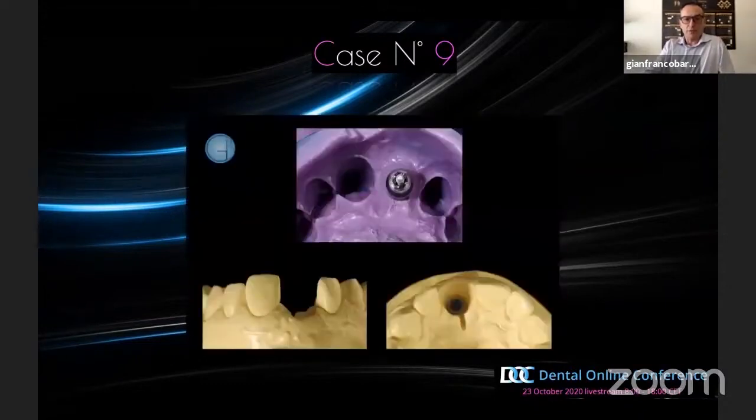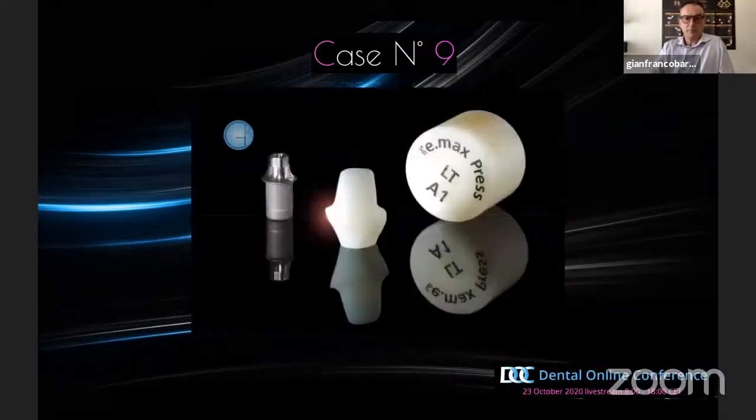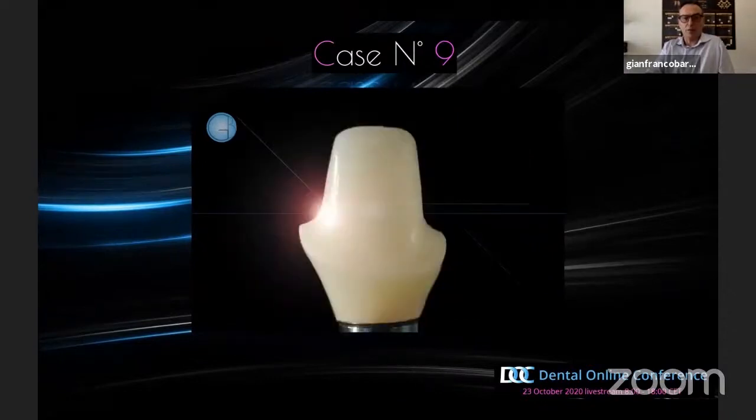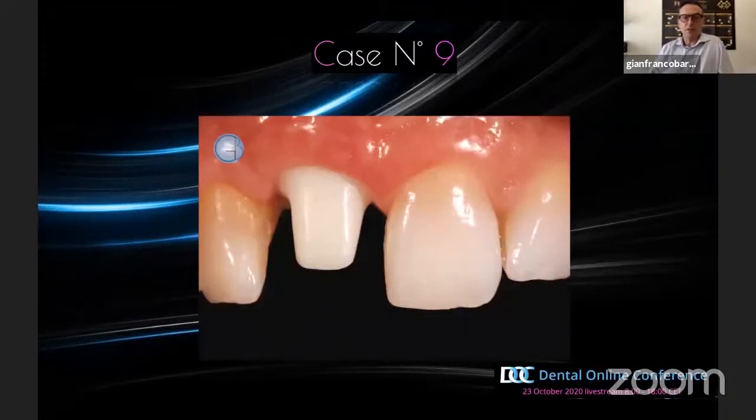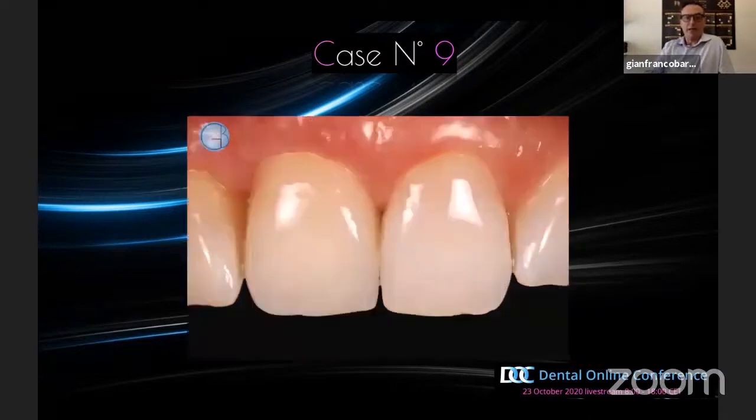Initial situation, impression, develop the model, create an abutment shaped on the wax-up, layering ceramic, in this case lithium silicate, testing and shaping the abutment as we prefer and as we like, and then make the final crown with all characteristics.